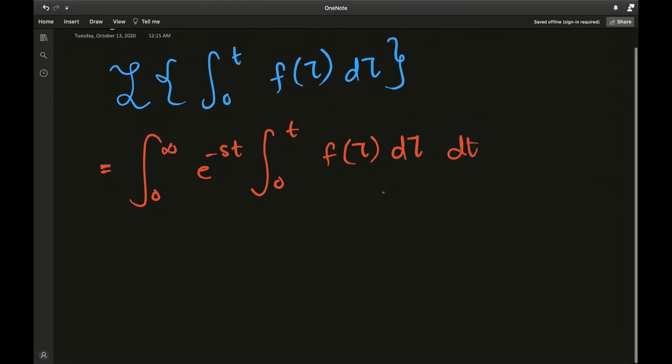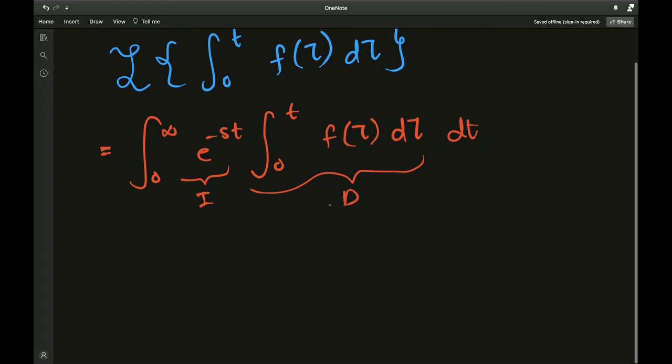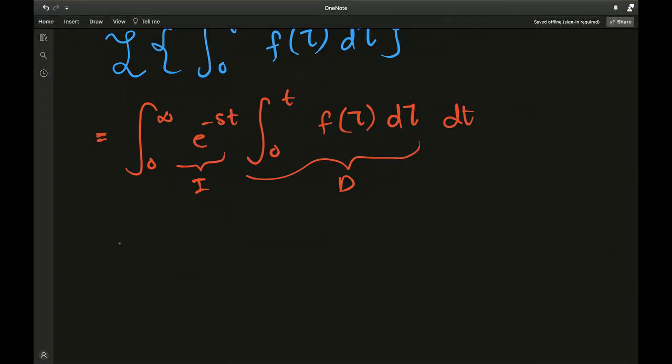Now we can use integration by parts here. I would like to anti-differentiate this while I differentiate this under the integral sign. This will be e to the negative st over negative s, the first one as it is, times the integral from 0 to t, f of tau d tau.